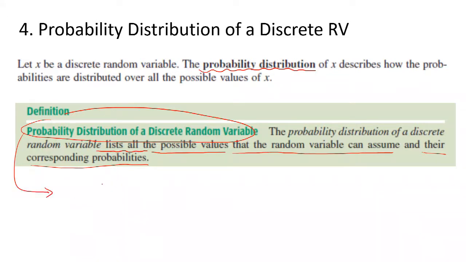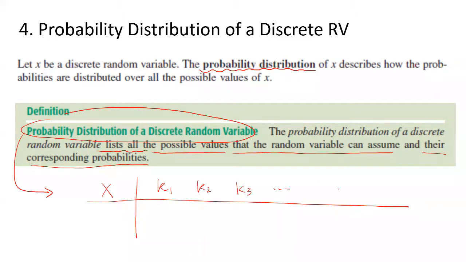Suppose the discrete random variable is x, and x can assume different values such as k1, k2, k3, etc., and km.